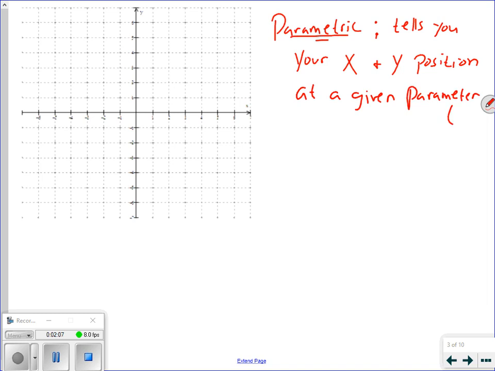And that parameter is usually denoted by t, but it can be other than t sometimes. Usually it means time, but it could be more variables than just that. But basically what I'm saying is we're introducing a third variable almost.